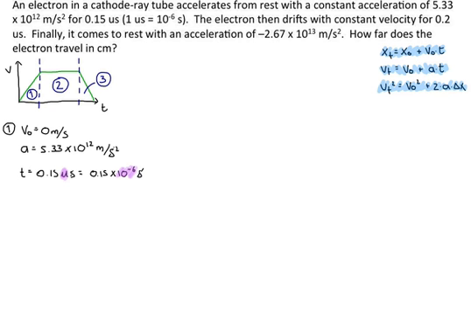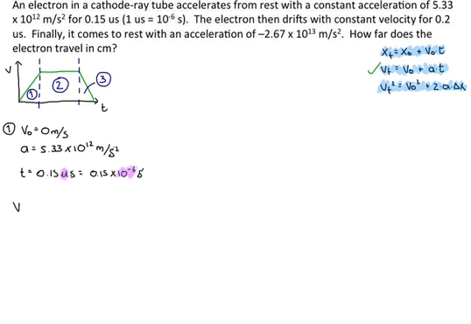So, according to the information we have, we are most likely to be using this formula, the second one. We have the information for the initial velocity, the acceleration, and the time. Having said so, we could find the final velocity of the electron in this first period.